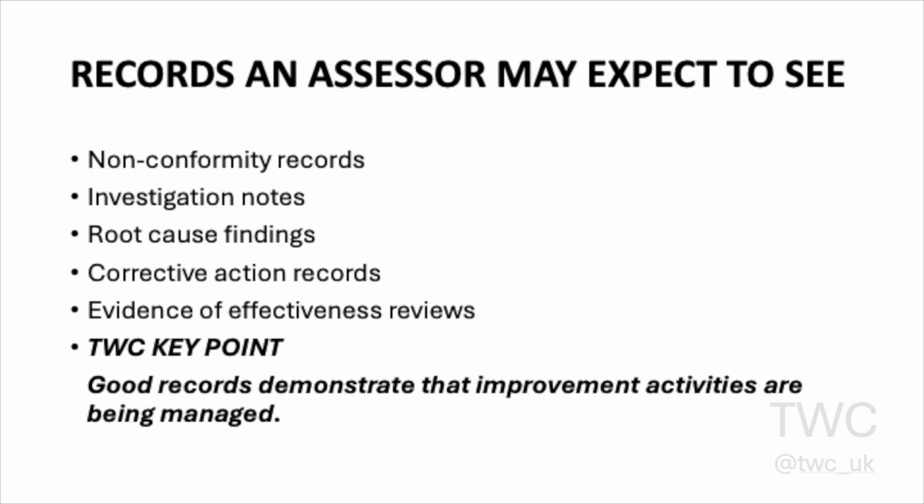The format of those records is usually less important than the existence of a clear and traceable process. The evidence should demonstrate that problems are recognised, investigated, managed and reviewed. A robust corrective action process provides strong evidence that continual improvement is taking place within the business.